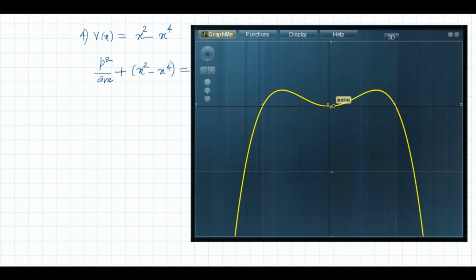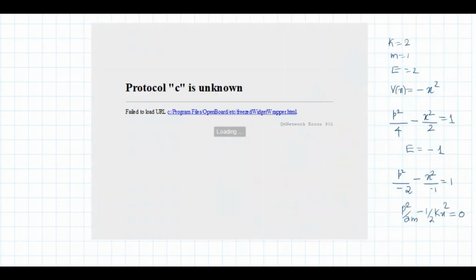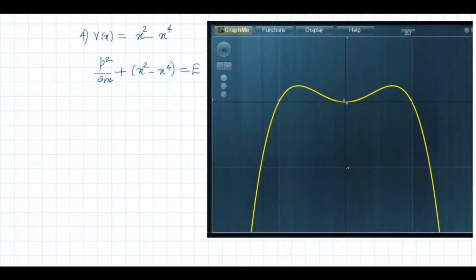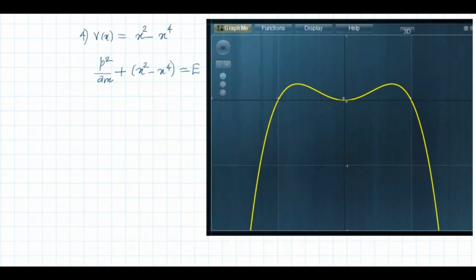Now we'll look at the phase space diagram. If I write the equation, that will be something like p square by 2mE plus x square minus x raised to 4 divided by E is equal to 1.